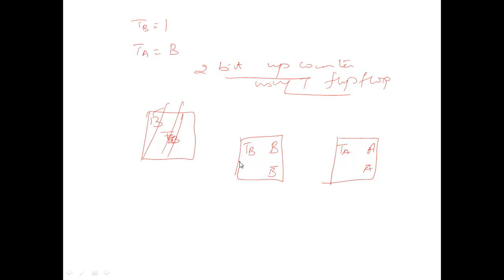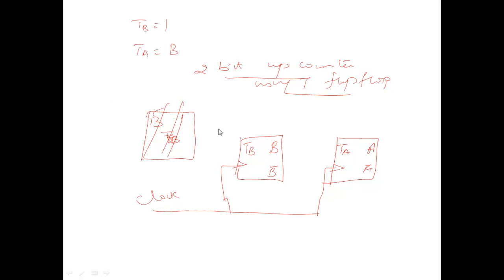This is a synchronous sequential circuit, so you'll be having a common clock. You draw a clock like this and always tie the clocks together, so you're tying both clocks to a universal clock. For every count increase in the clock, the flip-flop will accordingly act. So what is TB?